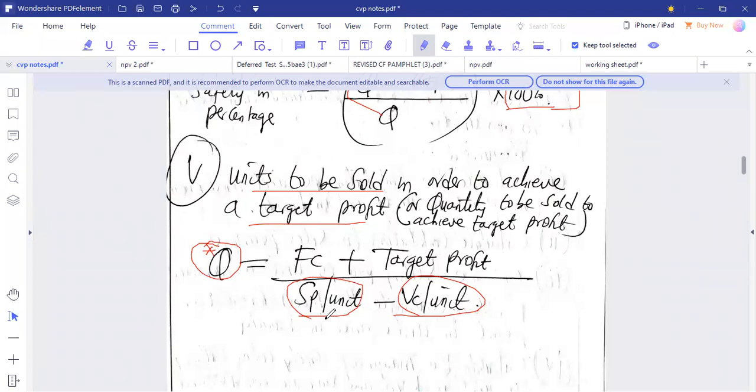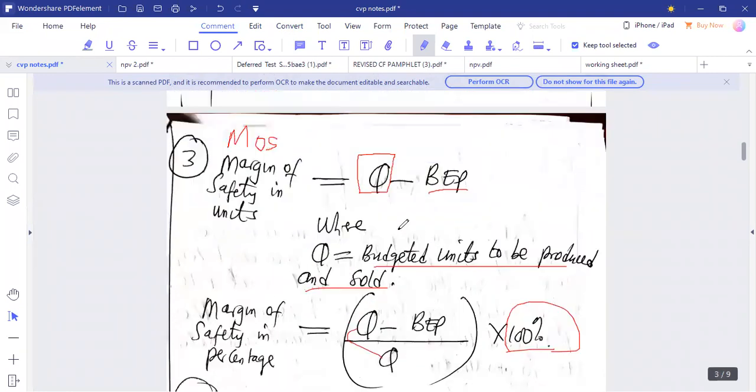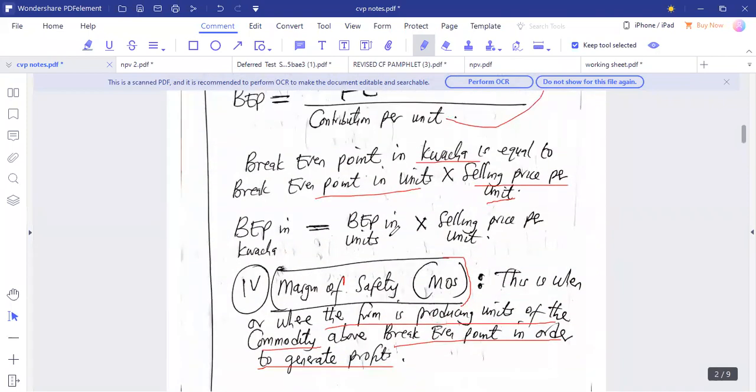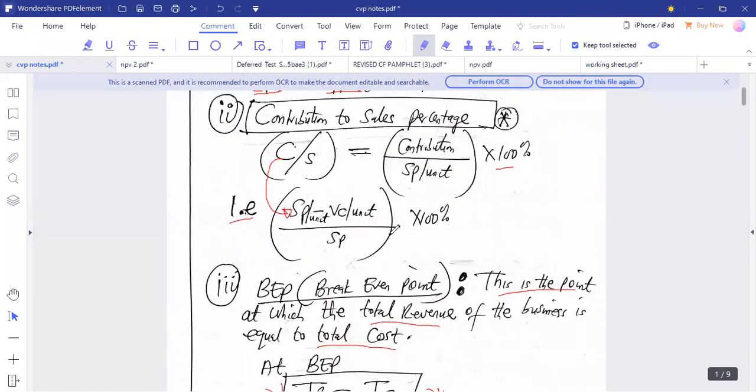So this is about how we get to the units to be sold to achieve a target profit. These formulas are supposed to be understood. You are supposed to go through them as we look at the cost volume profit topic. That is a very cardinal topic that comes in financial management accounting.